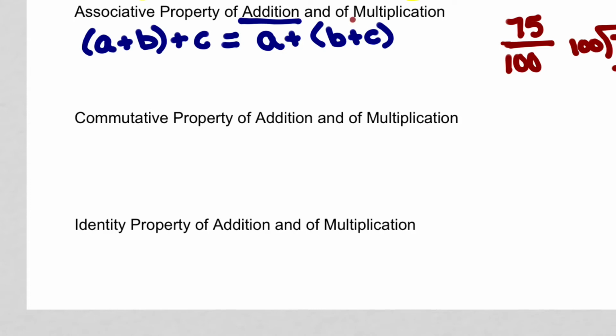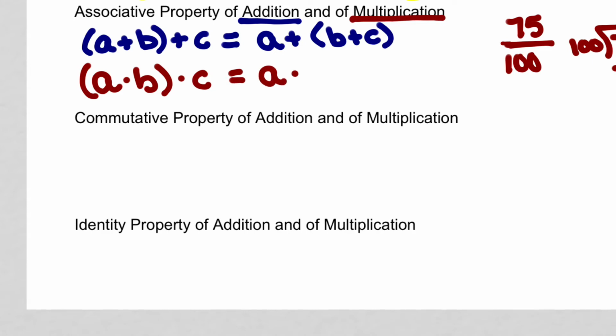And if I look at it for multiplication, it's very similar. That means that I can have A times B, and then I can multiply C to that. And it'll give me the same thing as if I start with A, and then multiply the product of B and C to that. And again, we explained all of these in our lessons.